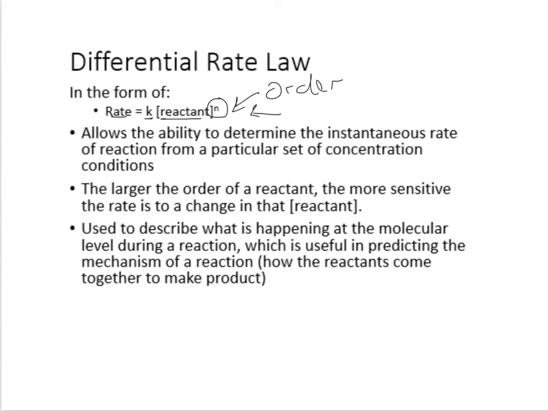And this is going to become important when we discuss things like the mechanism of a reaction. The mechanism of a reaction is basically just how the reactants come together to make a new product. And we'll describe a little bit about that later on.